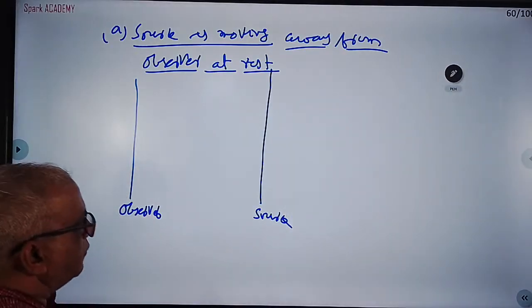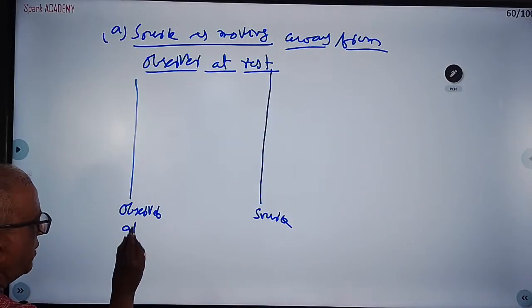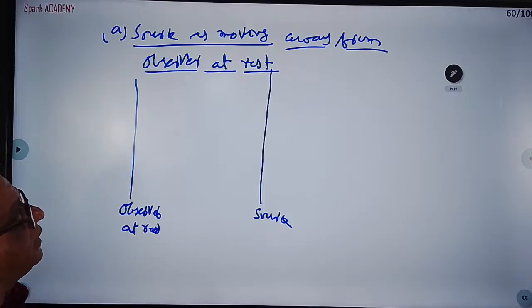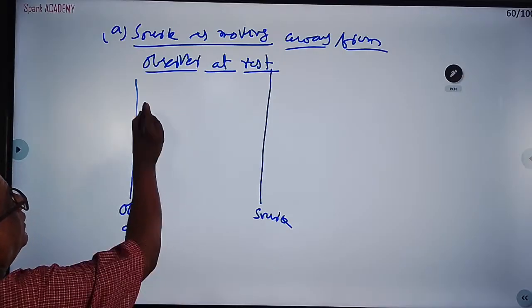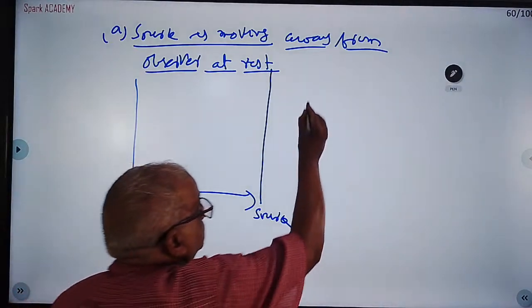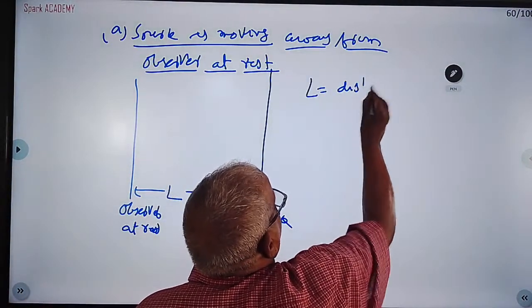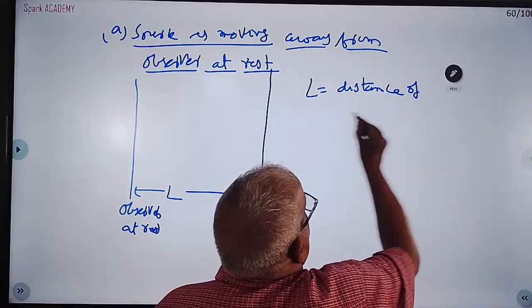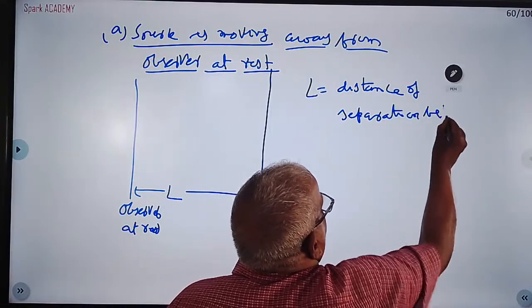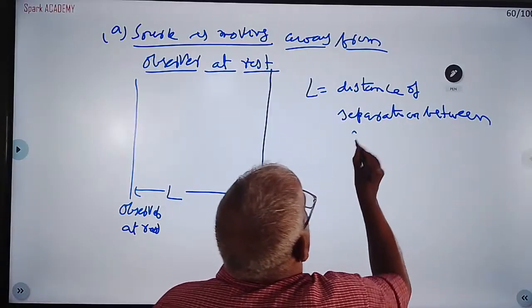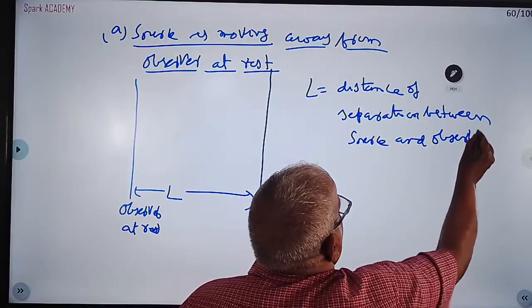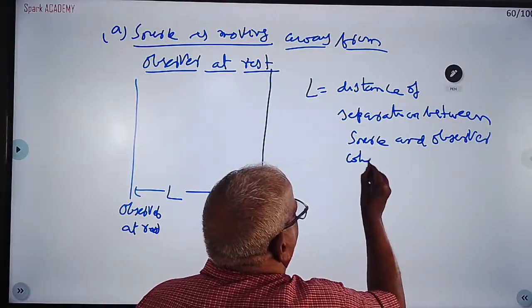Initially the source is at rest too. Let L be the distance of separation between source and observer initially, when both are at rest.